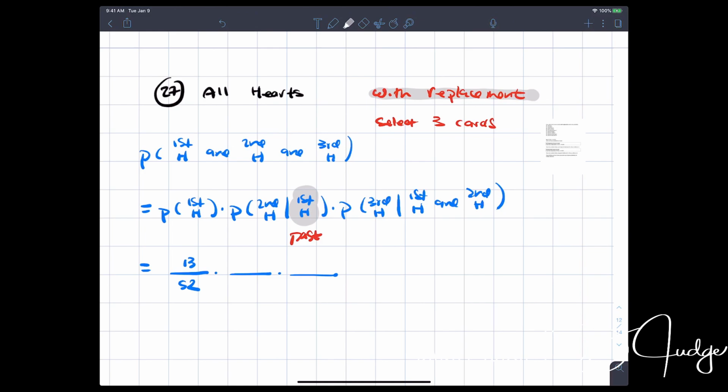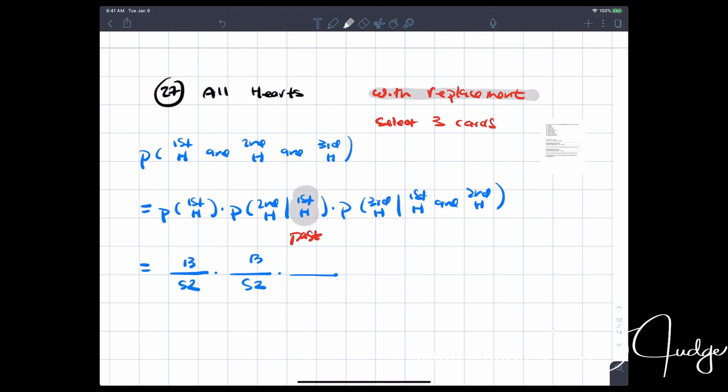So the chance that you select a second card and it being a heart, again, is going to be 13 out of what? 52. Because your past doesn't matter. You put the card back in the deck.